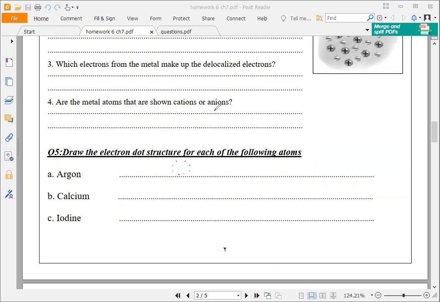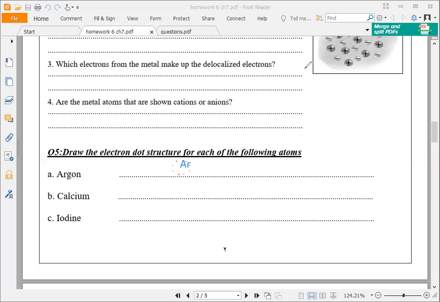It's not clear, Faisal. First, when we want to write the electron dot structure, for argon, how many dots? 8 dots, because it has 8 balanced electrons. Okay, your writing is not clear here because of the Zoom. Okay, I will put here 8 dots.